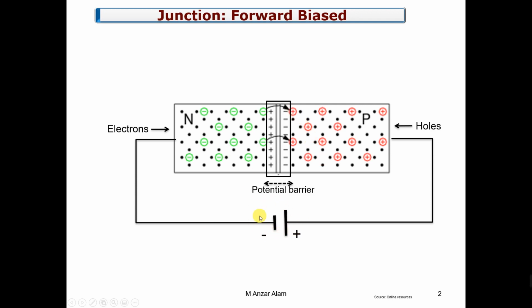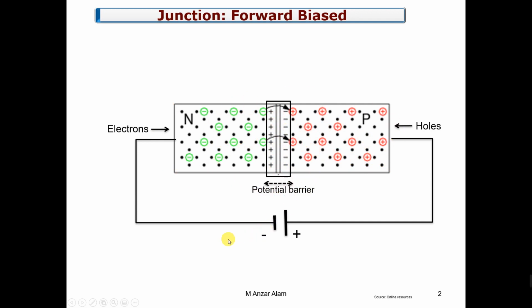If the supply is connected at 0.7 volt or greater than 0.7 volt, because this barrier has an electric potential of 0.7 volt, then all this barrier will be removed, and this PN junction material, this silicon material, will be a single phase without any barrier.